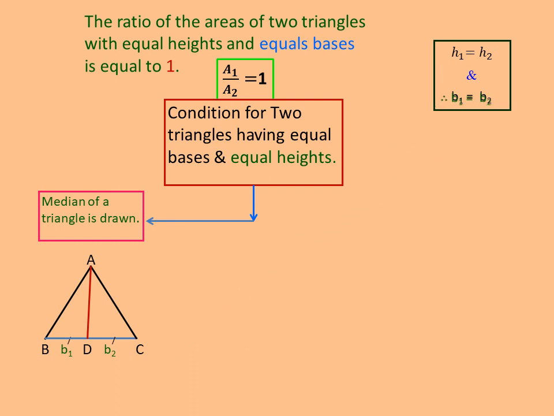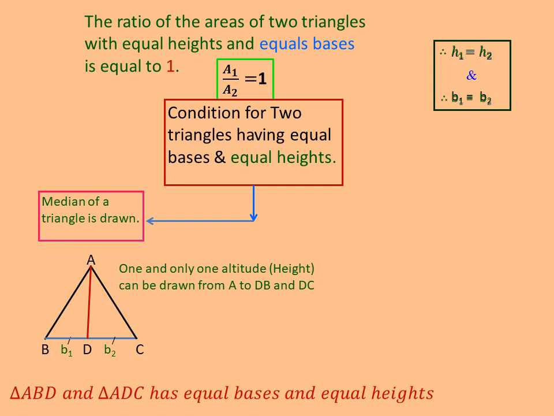Okay, now we will talk about H1. Just now you have seen that one and only one altitude, that is height, can be drawn from point A on BC, that is BD and DC. Therefore, H1 will be equal to H2. So H1 and H2 also became equal, B1 and B2 also became equal. Therefore, the ratio of the areas will become equal to 1.